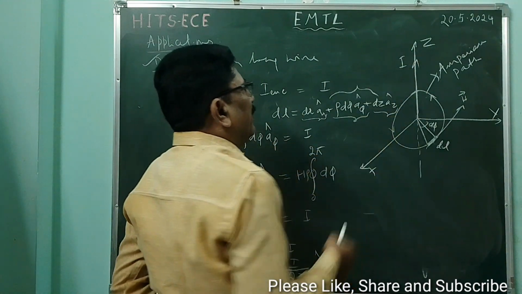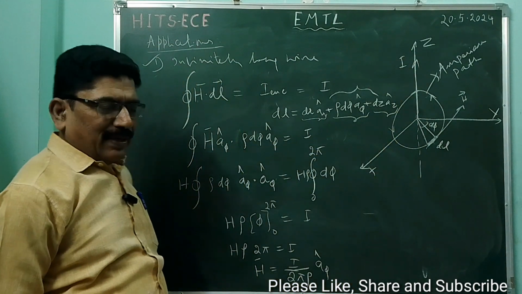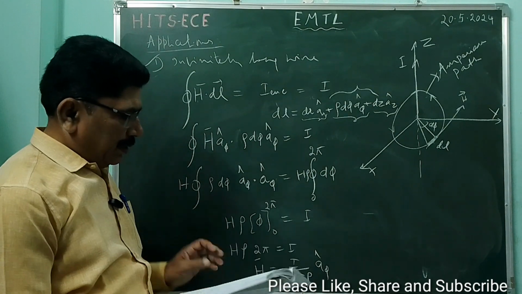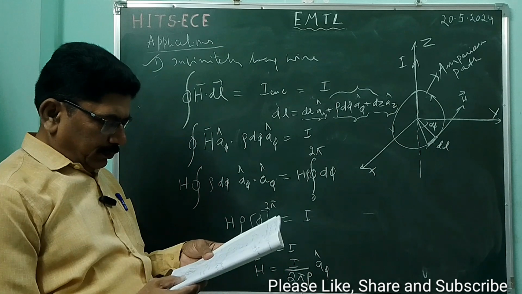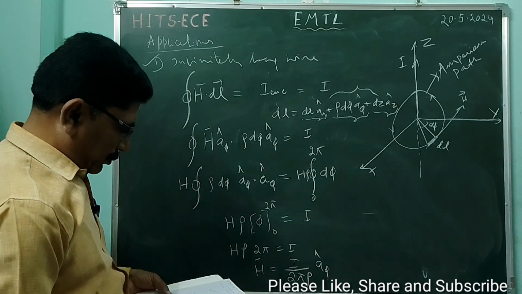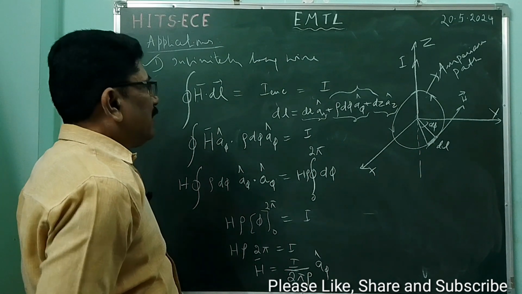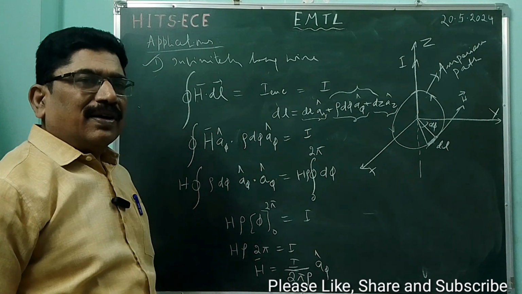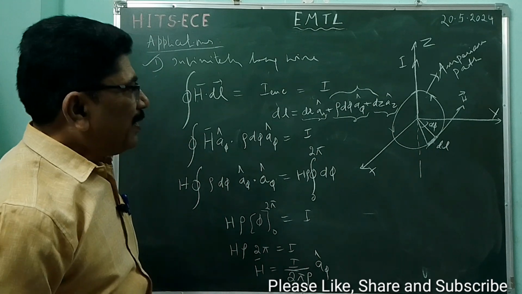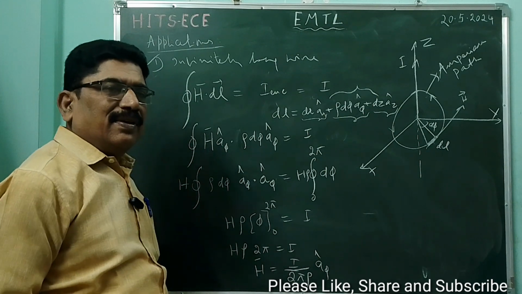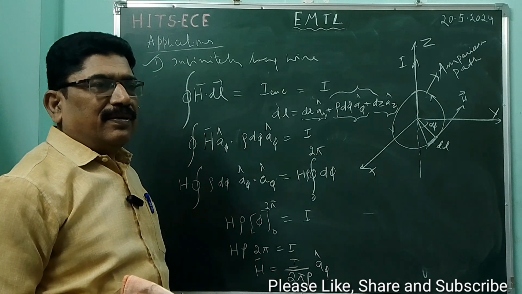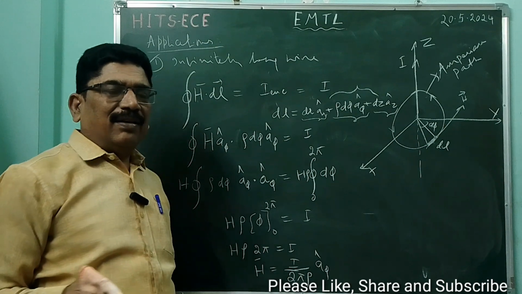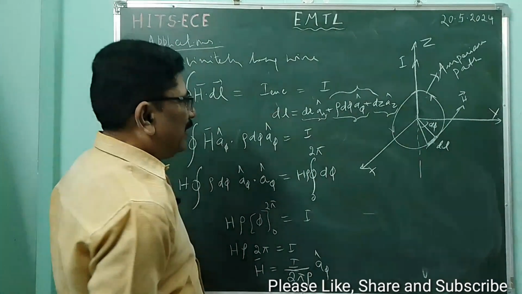This is the magnetic field intensity for an infinitely long wire carrying current I. Next we will see the infinitely long sheet of current, and find the magnetic field intensity for an infinitely long sheet carrying current.